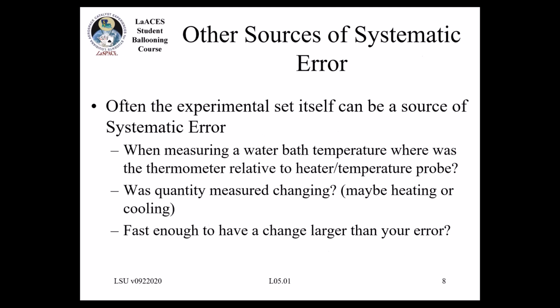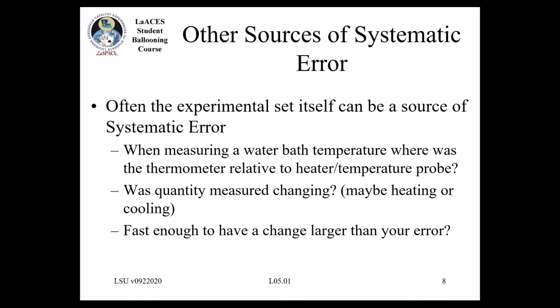So besides your actual measurement device, your experiment itself, depending on how you set it up, could give you a systematic error. So for example, if you're measuring the temperature of a water bath, where did you put the thermometer or the temperature probe?